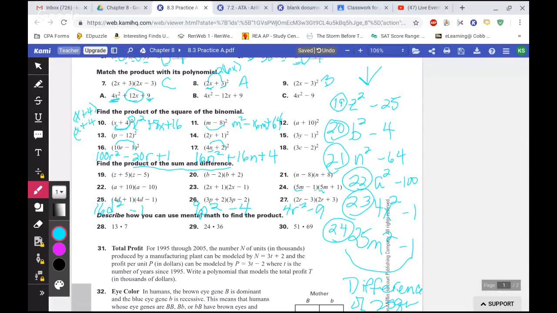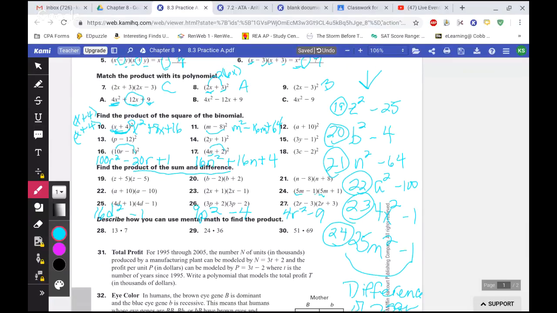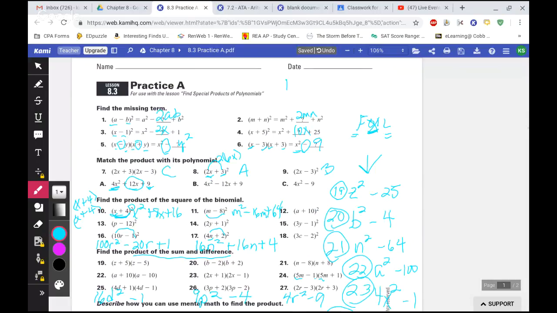So if you're not going to apply the special product pattern that I've taught, you have to FOIL. And so you would want to write out both binomials next to each other and FOIL as normal. But you are only required to do numbers 1 through 27 on this worksheet.